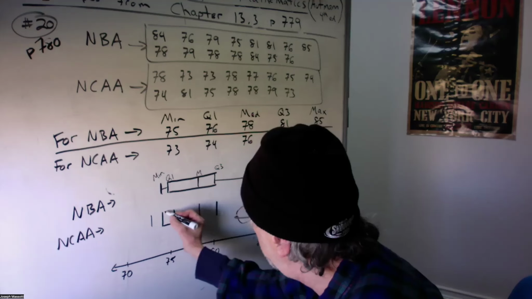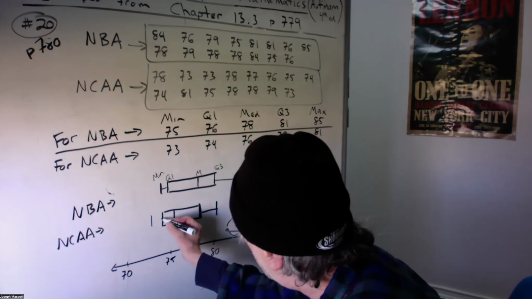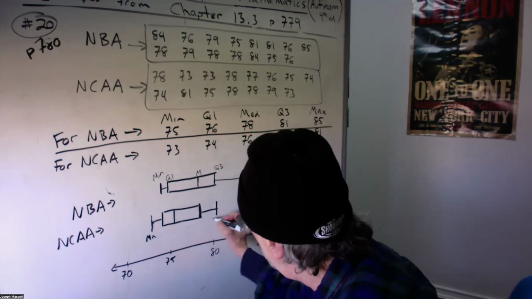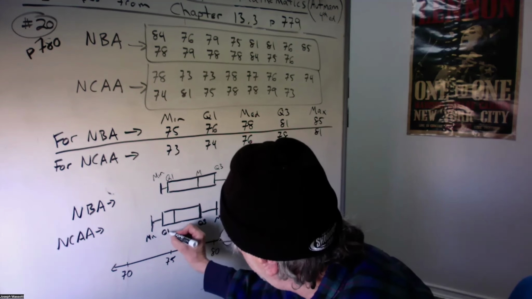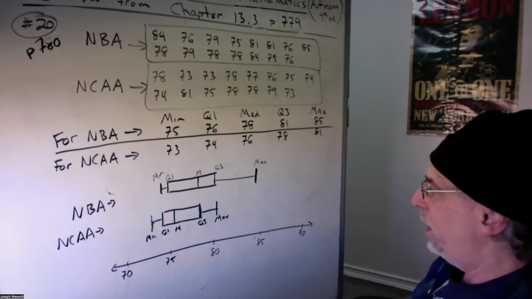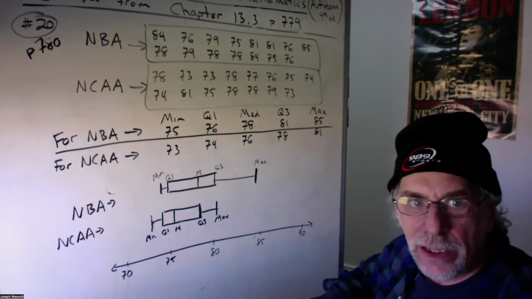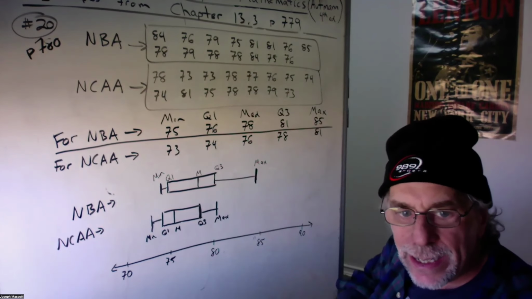Again, the 3 middle lines give you your box, and then you go out to your whiskers: minimum, maximum, third quartile, first quartile. So this is what we call a side-by-side box plot for two sets of data: the NBA heights and the NCAA heights.